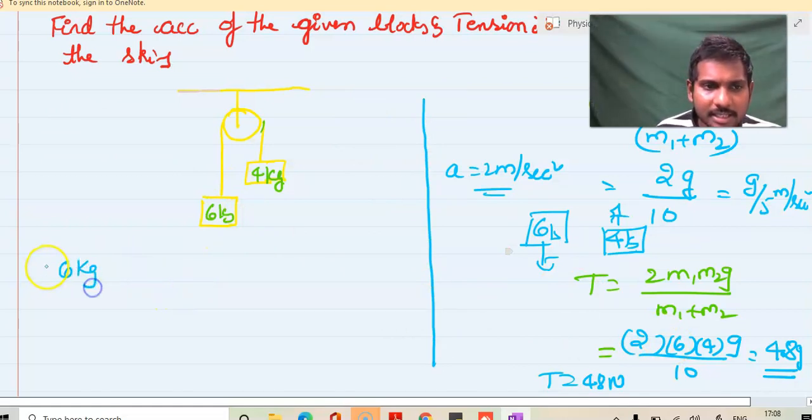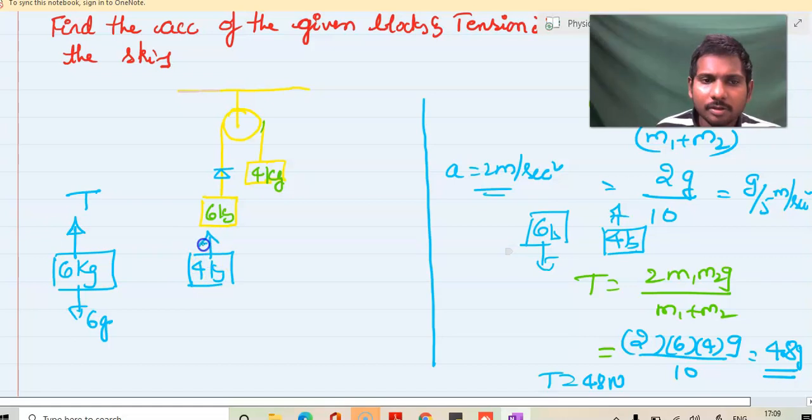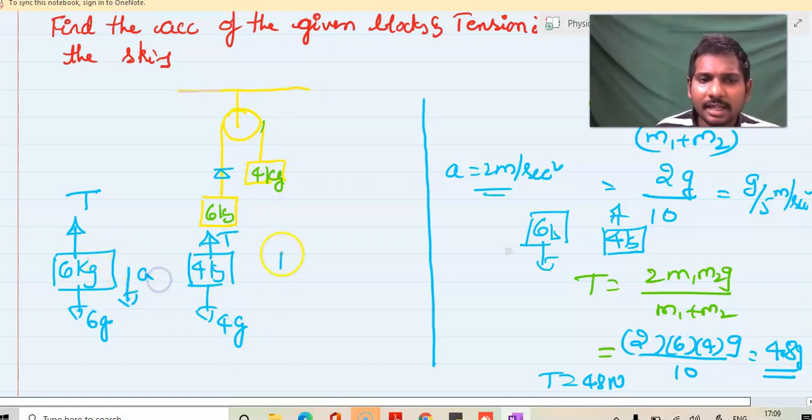that is, by drawing a free body diagram. For the 6 kg block, what is the free body diagram? Tension T acts upwards, cut and pull it, and 6g acts in the downward direction. In the same way for the 4 kg block, tension T acts in the upward direction and 4g in the downward direction. I am assuming here that the 6 kg block goes down with acceleration a.